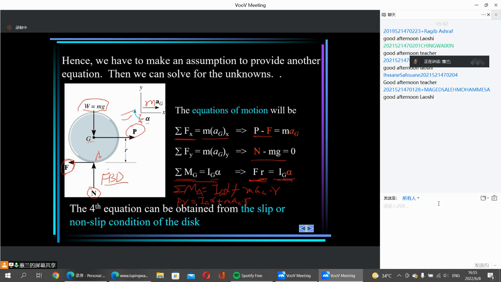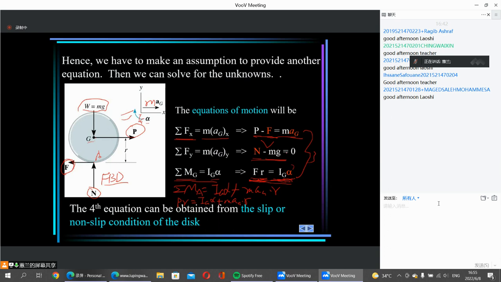So no matter whether you choose the mass center to write the moment equation or choose point A, we only have three independent equations, right? If we choose these three equations, we have the unknown friction force and the acceleration of the mass center. The normal force definitely is given, so we can find N directly. And from FR, F is the unknown friction force and alpha is unknown.